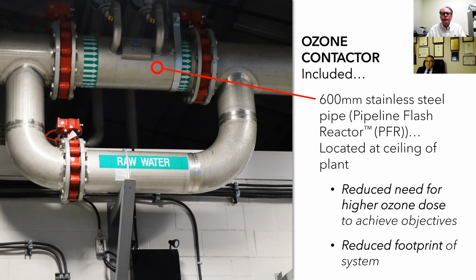And having the flow in the pipe as a plug flow, you get the best optimal contact time. So we reduce the need to use a higher ozone dose, and that reduced the footprint systematically because we added this pipe and put it in the ceiling of the plant. So we save a lot of space. Next slide, please.